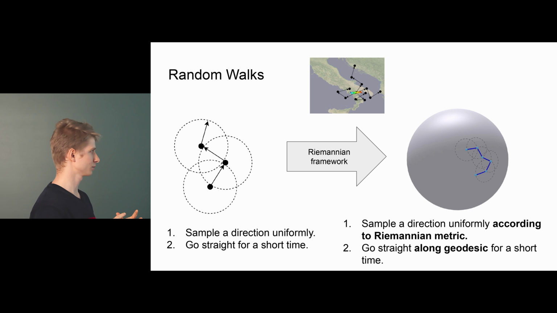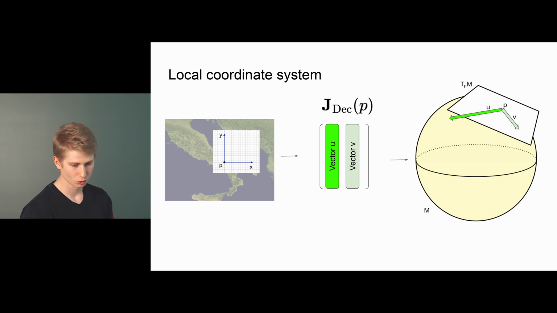To compute these two stages in the Riemannian framework, we have to compute a local coordinate system, because this is the key idea in Riemannian geometry, that we can describe the geometry of a manifold locally.